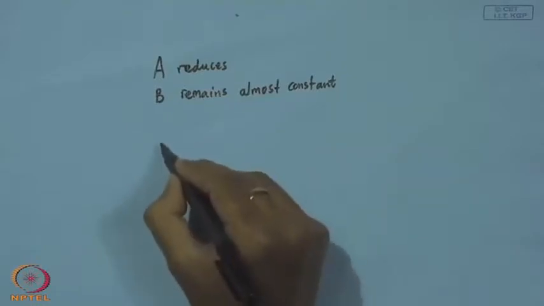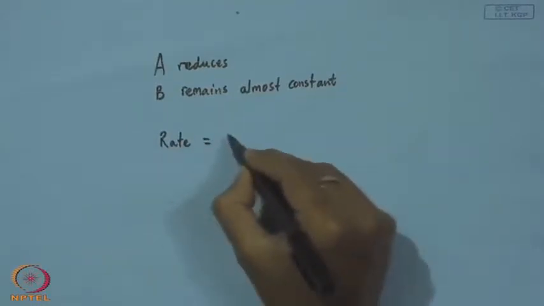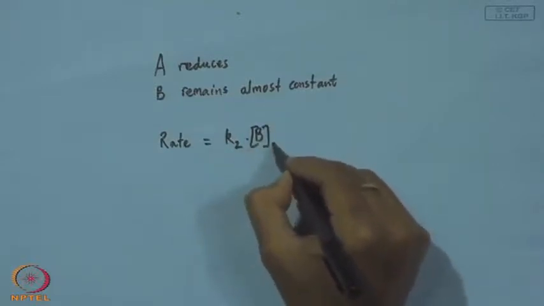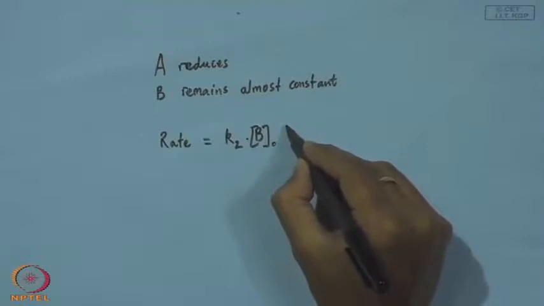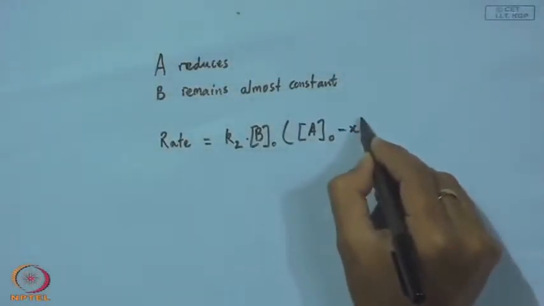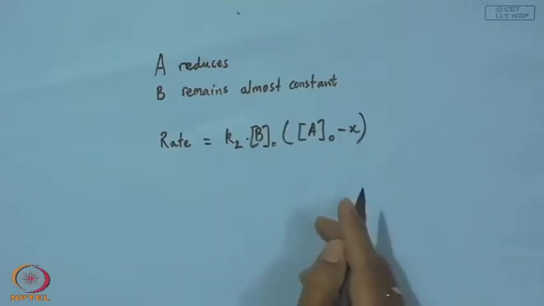That means, rate will now be written as K2 B naught times (A naught minus x). So, the plot will look like a first order plot.